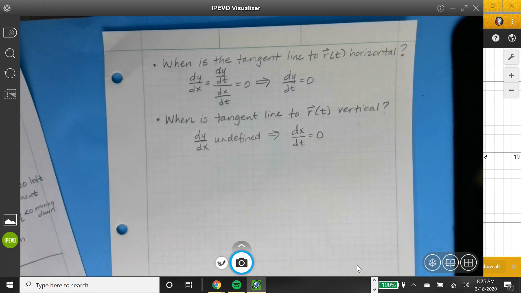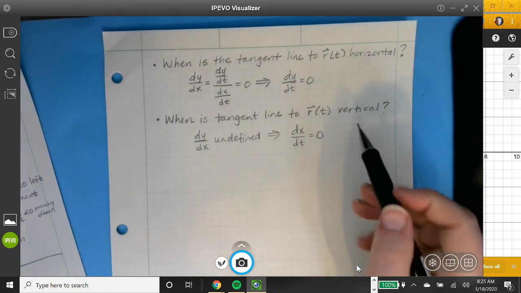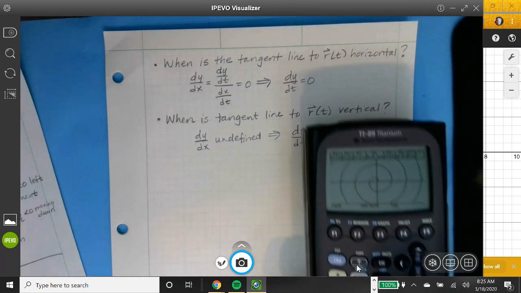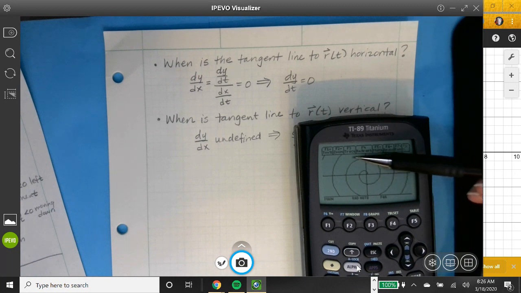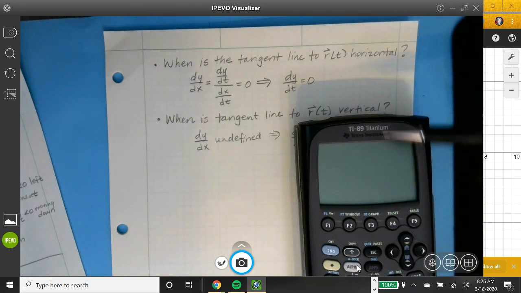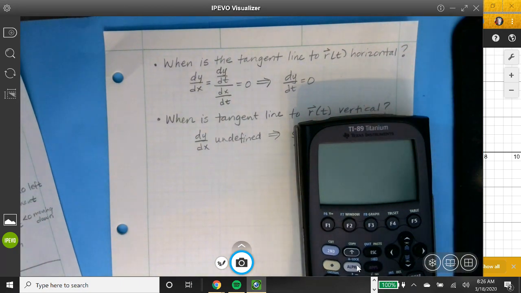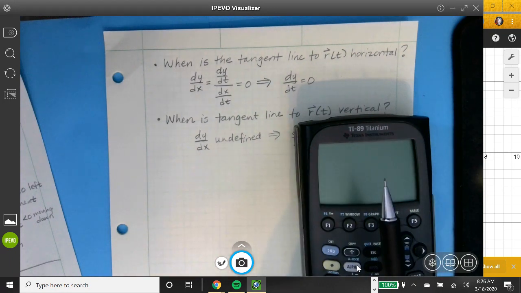Okay, but on parametrically or vector defined functions, what's interesting about having a vertical tangent line is that it's going to be a maximum to the left or a maximum to the right horizontally, right? You see how dy/dt is going to give you a maximum in the y direction. I really can't call them functions, right?